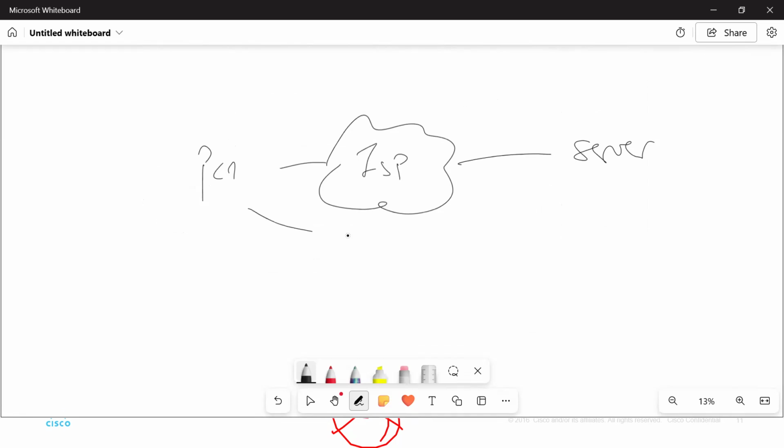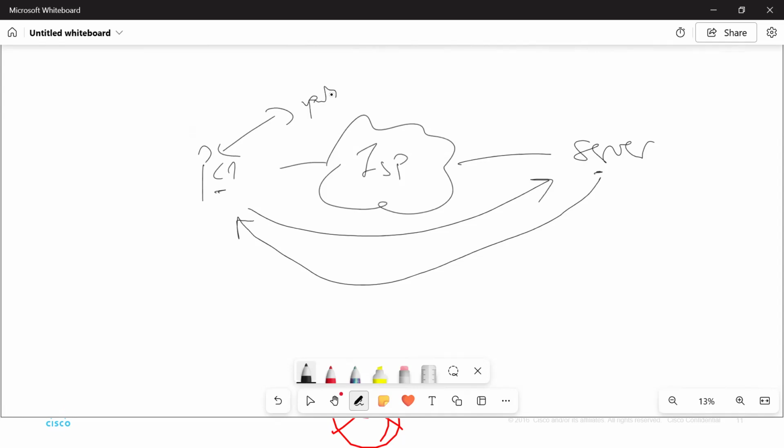If I want to communicate with the server, this is what we call an outbound connection. It's possible. If the server wants to communicate with this PC, that's an inbound session, it's also possible. The reason why it's possible is because there is a consistent connection between this PC and this server. Why? Because of the one-to-one mapping between this PC and its public IP address.